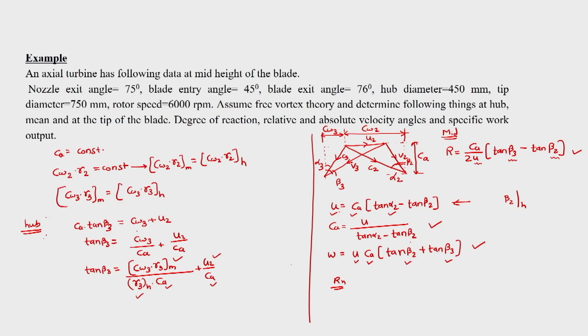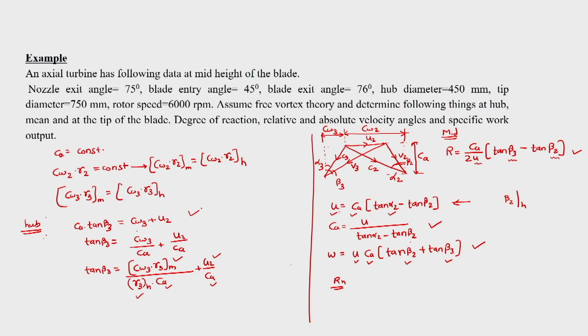So then we will find out alpha 2 using that. Since we know, as we have seen over here, R2 into tan alpha 2 is equal to R2 into tan alpha 2, corresponding to mid and tip. So we can find out tan alpha 2 at the tip.